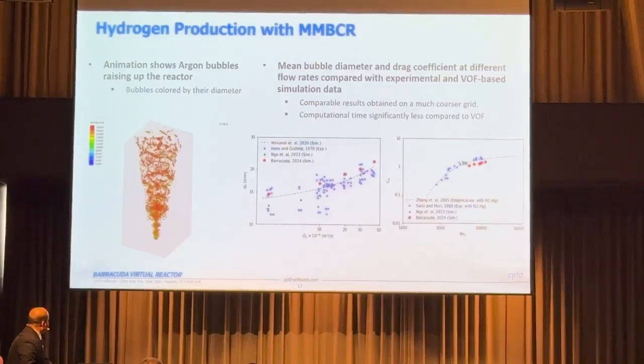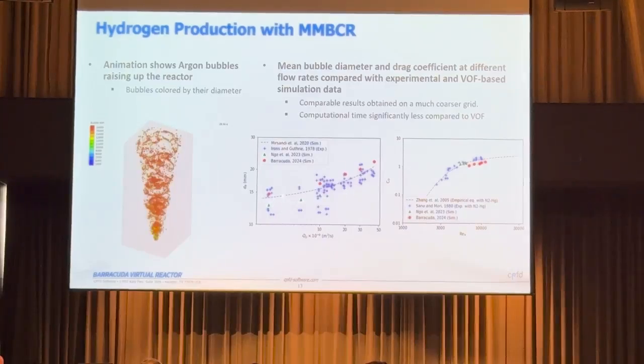Okay. Then, not only that, I actually compared the results. Our results are in red dots down here. I am showing mean bubble diameter versus inlet flow rate against some published experimental work and literature work on the paper. And again, you can see that across this flow rate range, we do a pretty good job.